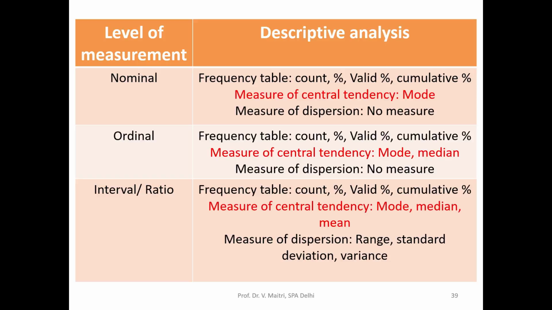For interval and ratio data, from the frequency table we can do counting, percentage, valid percentage and cumulative percentage, and for central tendency, we can compute mode, median and mean, all three. And the measures of dispersion, the range, standard deviation and variance, we can compute very easily.